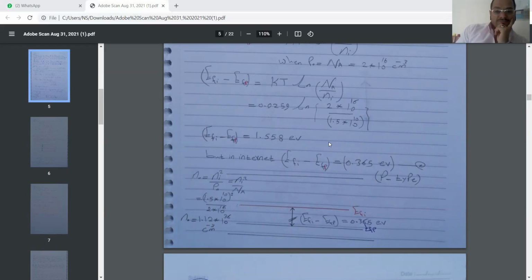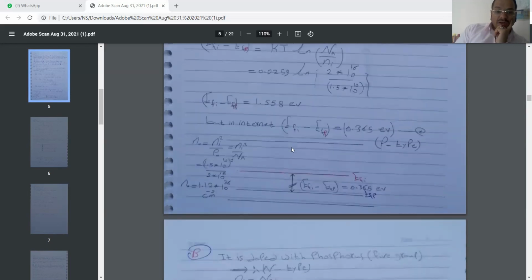Okay, let's complete. This is the important diagram, like I said before, and we will find n naught and p naught. By using the mass law, n naught times p naught equals the intrinsic carrier concentration squared. In p-type, p naught equals Na.